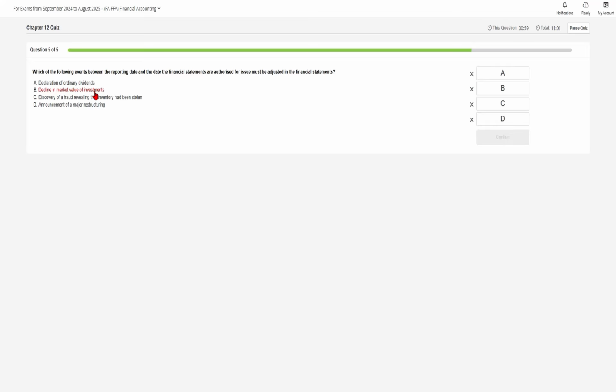So this provides evidence of a condition that existed at the year end. So inventory was already missing or misstated. Therefore the financial statements must be adjusted. So this one is your adjusting event.